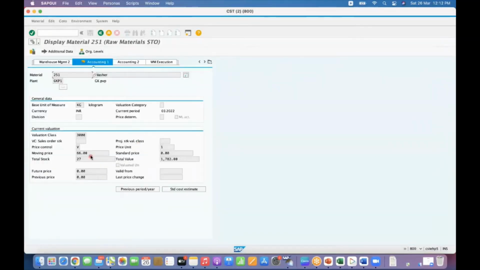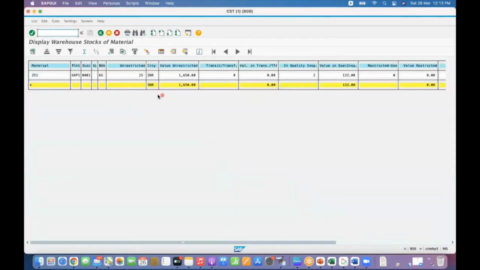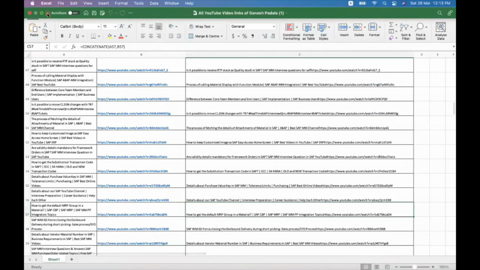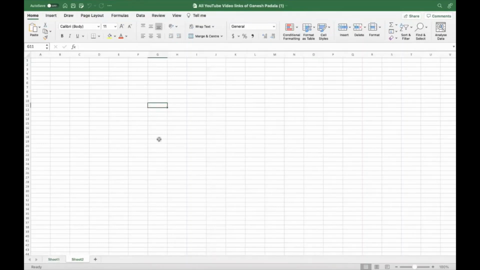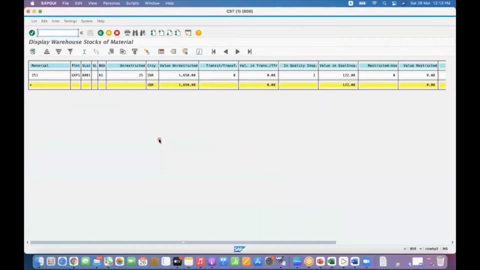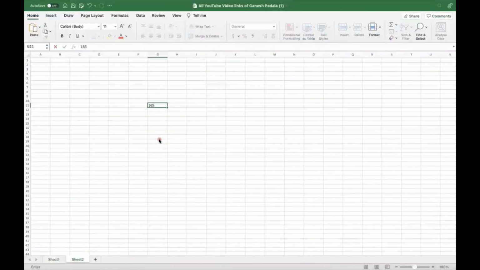Here you can see that moving average price 66. Okay, and the total stock is 27. So now if you can come here, so 1650 by 25.